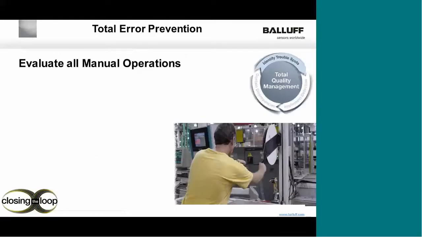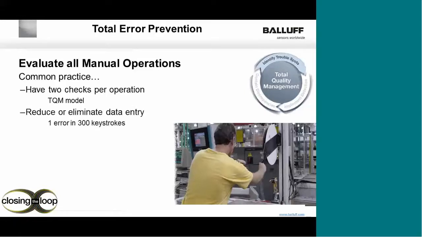So we talked a little bit earlier about evaluating all manual operations. When there are pure manual operations, typically you would have two manual checks per operation. So that still has a high probability of error, but certainly your operating costs have increased because you have those two checks in place.